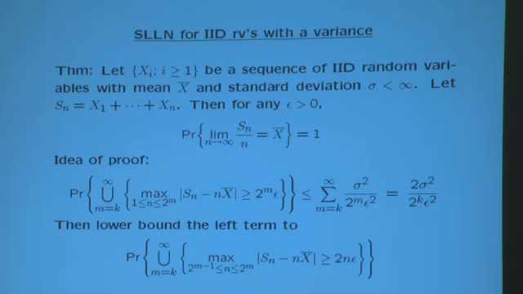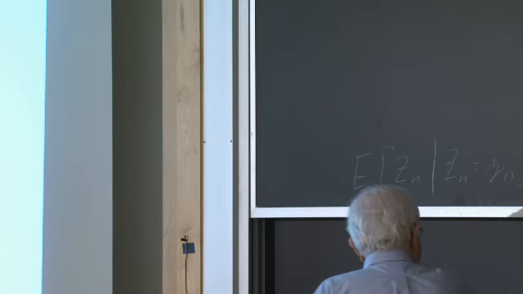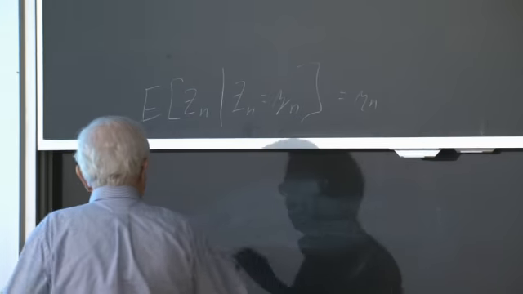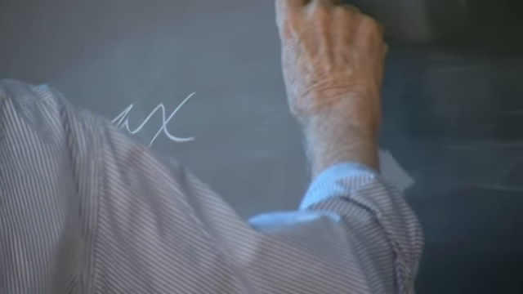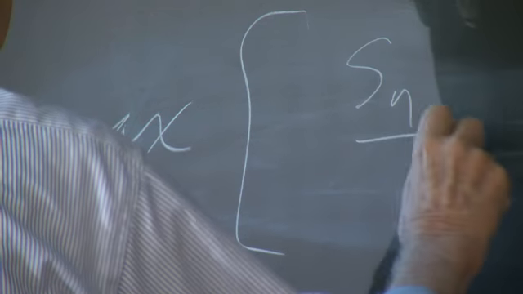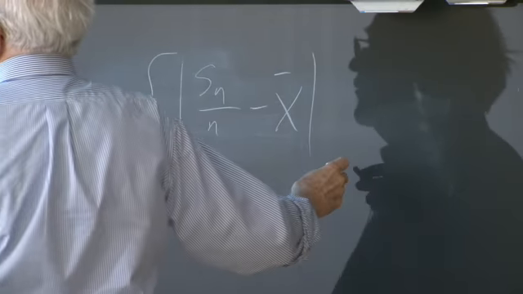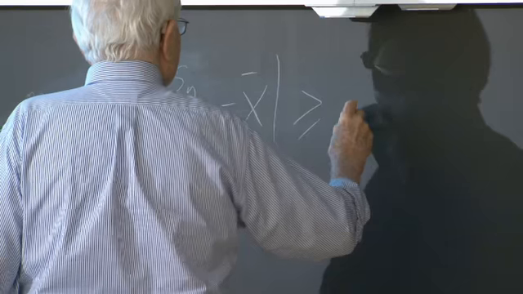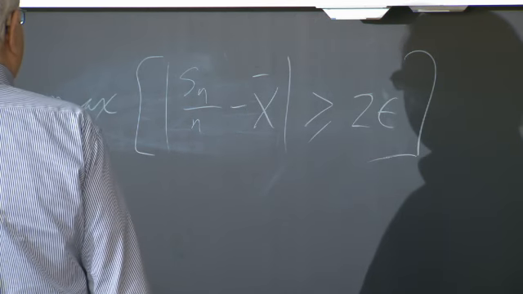No, I probably want to take this quantity, subtract off... no, what I really have to do to make this make any sense is write it as the maximum over the same set of things of Sn over n minus x bar greater than or equal to 2 epsilon. Okay?